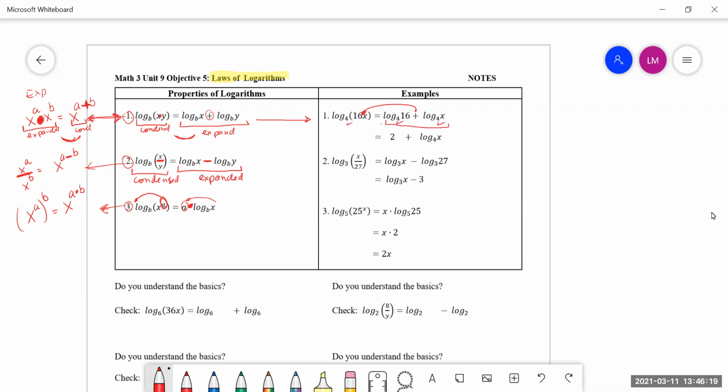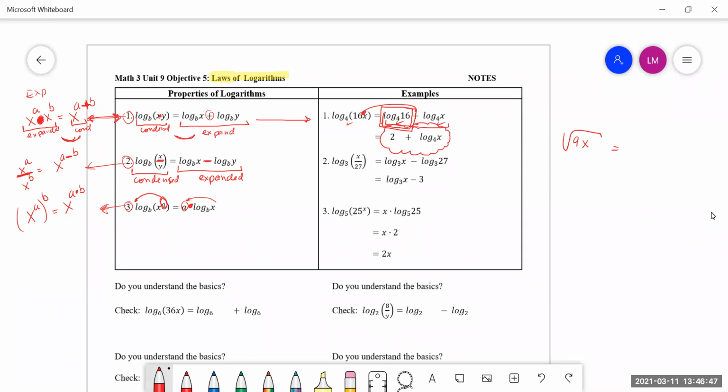Now, because once I expanded, I was able to evaluate this part right here. 4 to what power gives us 16? The answer is 2. So when I expanded, I was able to actually evaluate part of it, okay? It's kind of like if I had the square root of 9x.